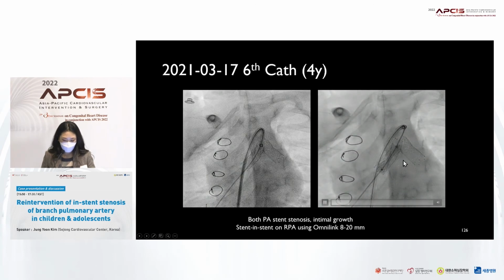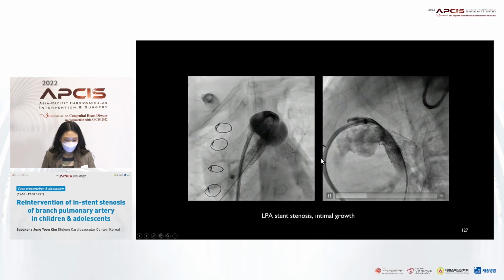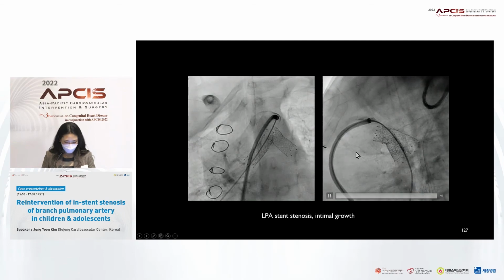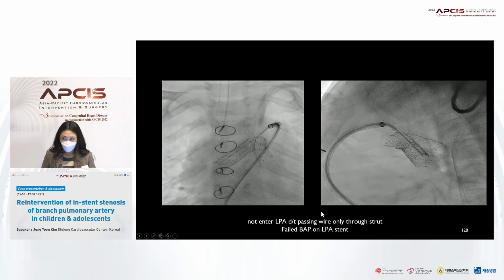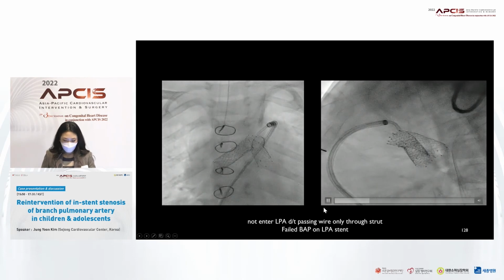We tried in-stent insertion in the RPA, and we hardly selected the RPA stent. Then we had to select the LPA stent also, but we failed. That's exactly what Frank and Dr. Che said.